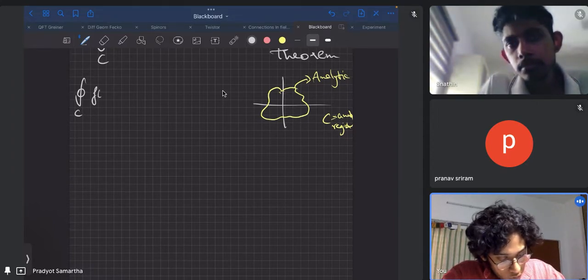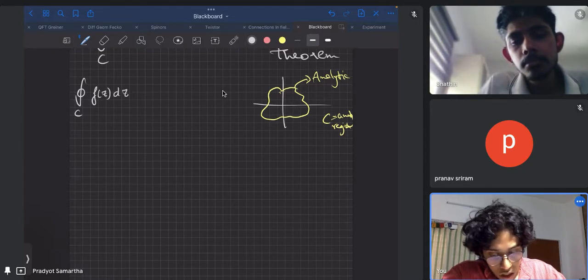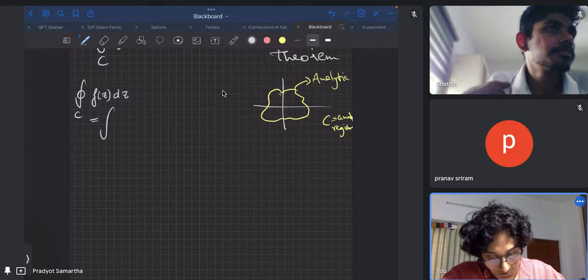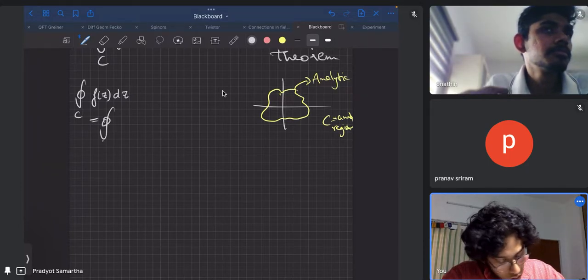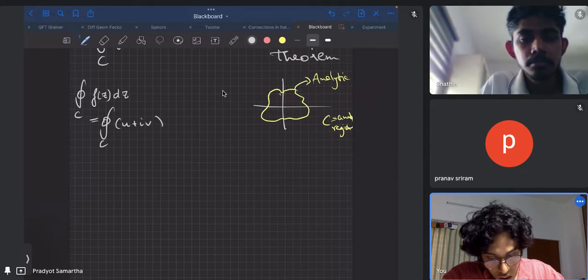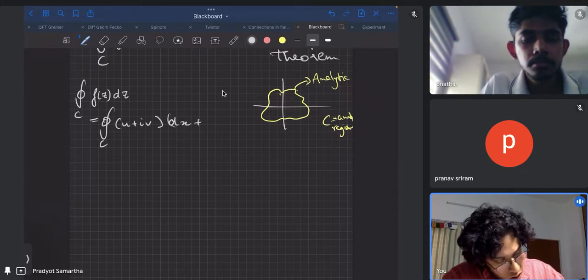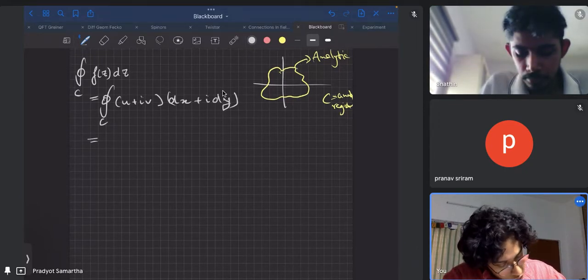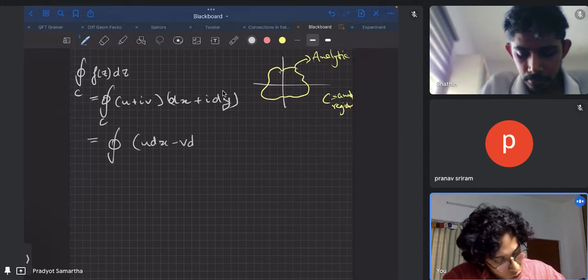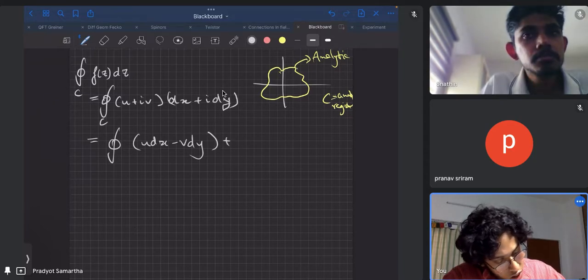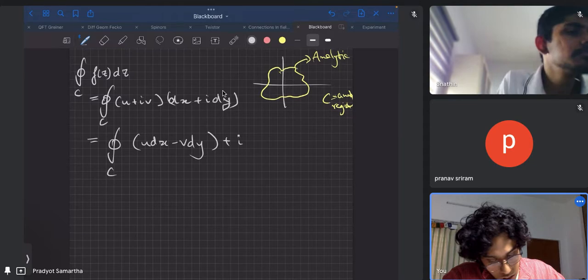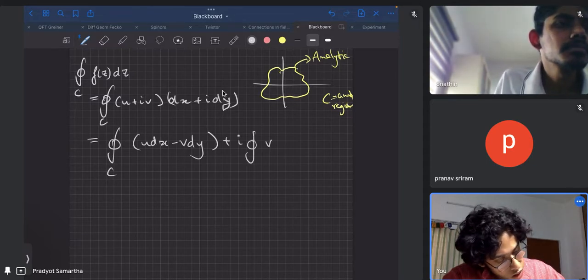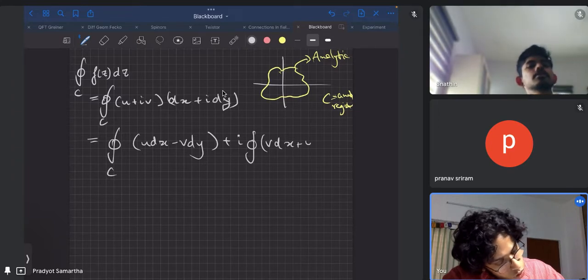So the integral of f of z dz is equal to the integral of (u plus iv)(dx plus i dy), which is nothing but the integral of u dx minus v dy, plus i times the integral of v dx plus u dy.